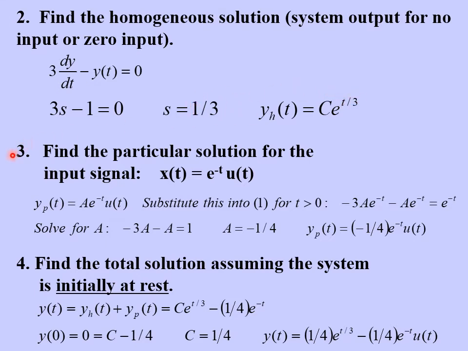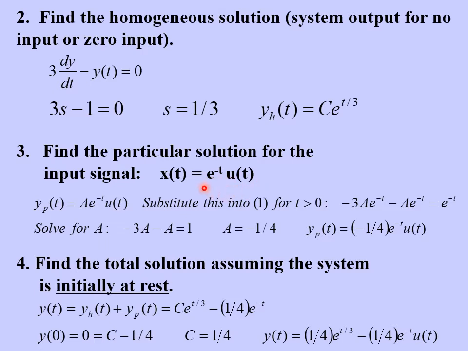All right, the next question, find the particular solution for the input signal x of t equals e to the minus t u of t. So what I have to do here is go back to the previous video, chapter 2, part 4, where we figured out how to solve this inhomogeneous or non-homogeneous differential equation, because the right side has this on it.